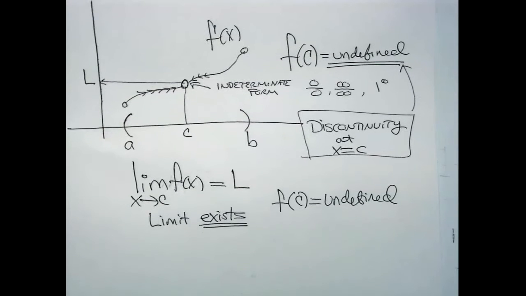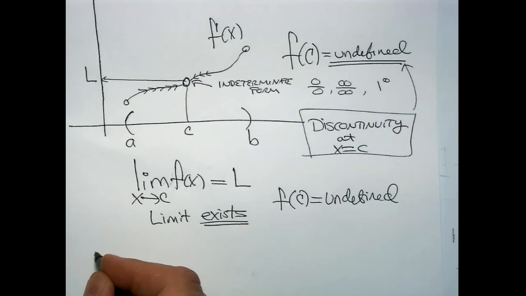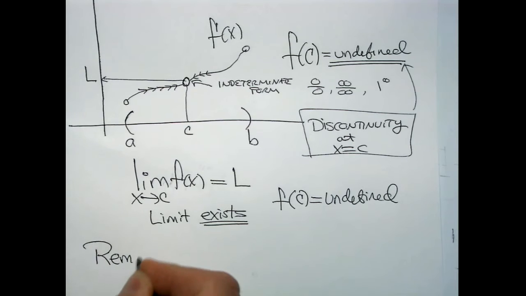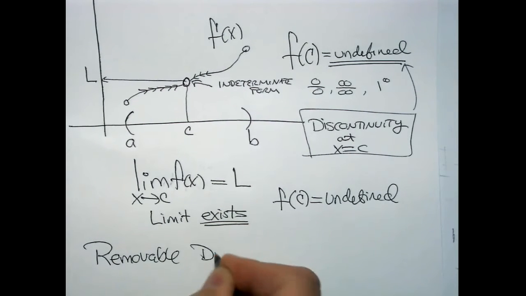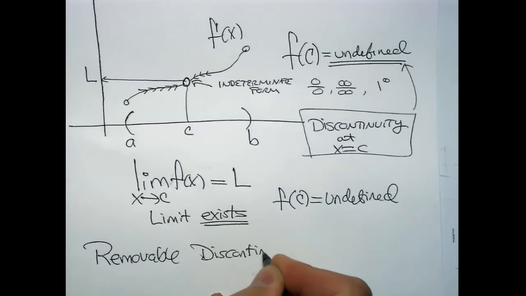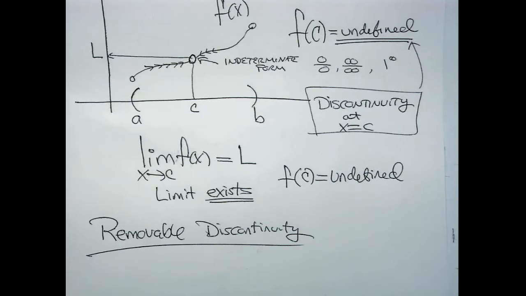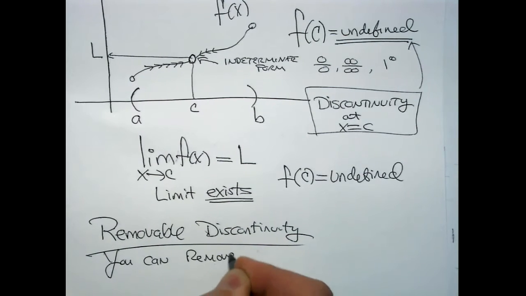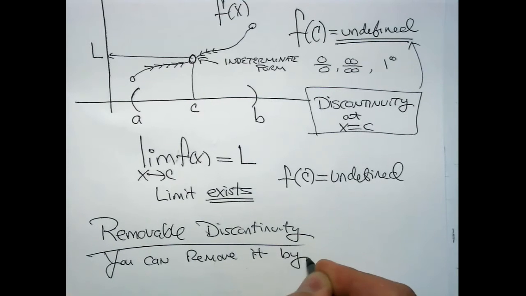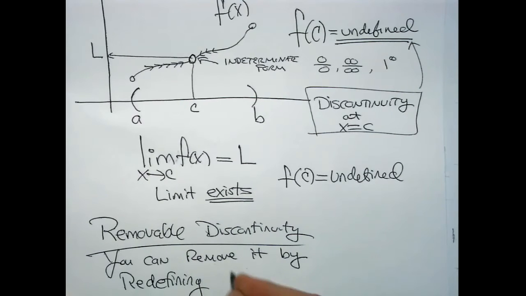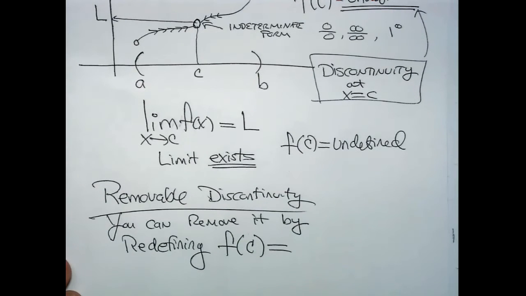So which kind of discontinuity is this one? Is it removable or non-removable? Now, to be a removable discontinuity, it means that you can remove it by redefining the f of c to be some value, whatever value you like.